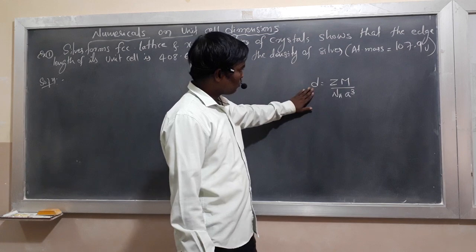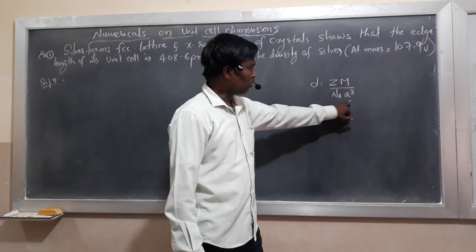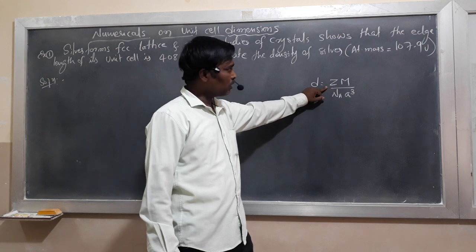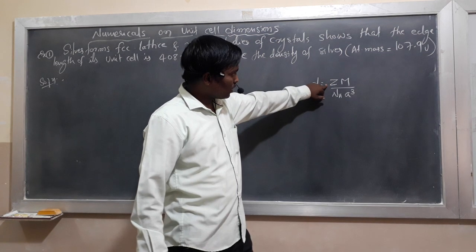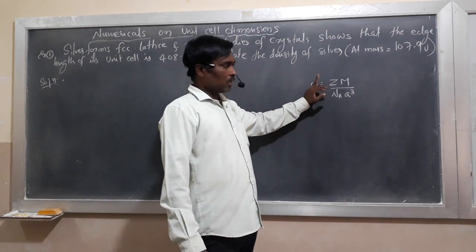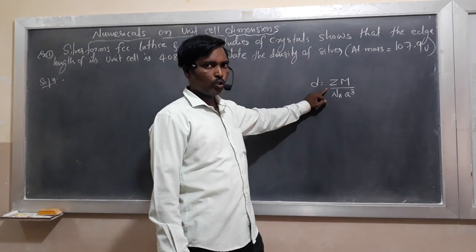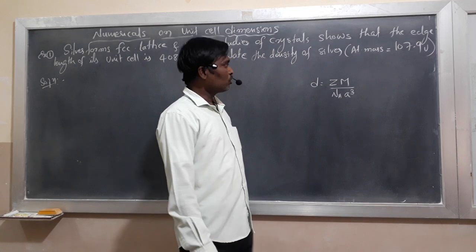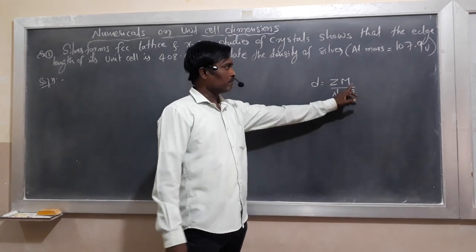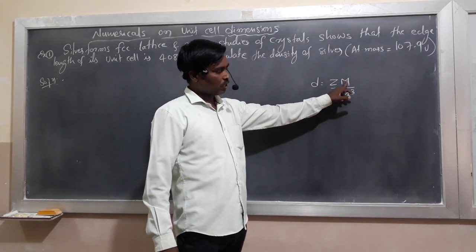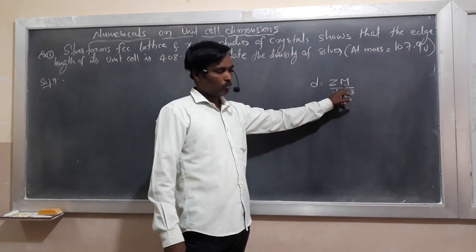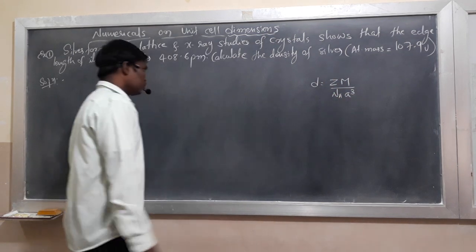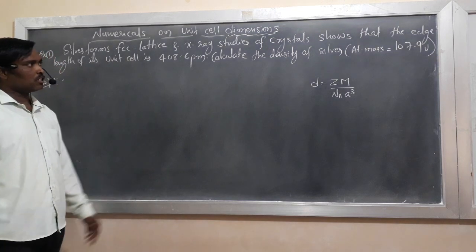So density is equal to Z into M divided by NA into A cube, where Z defines the type of unit cell and its value is 1 for simple cubic, 2 for BCC, and 4 for FCC unit cell, and M is the atomic mass or the molecular mass, and NA is the Avogadro's number, and A cube is the volume, where A is the edge length.